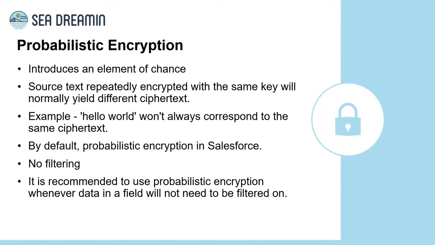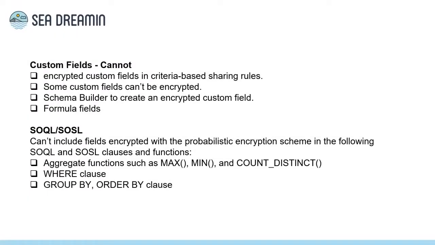Now let us see the considerations when we use probabilistic encryption. There are many considerations when setting up platform encryption for an org. I have listed only a few here. Not all custom field types are supported by encryption. The supported ones are email, phone, text area, long, rich text, URL, and date.